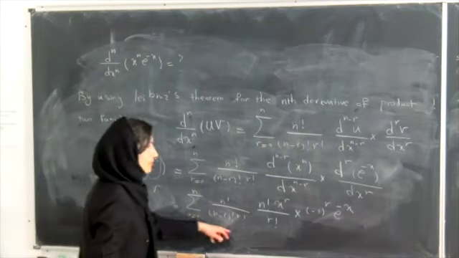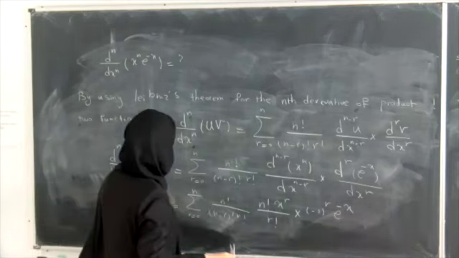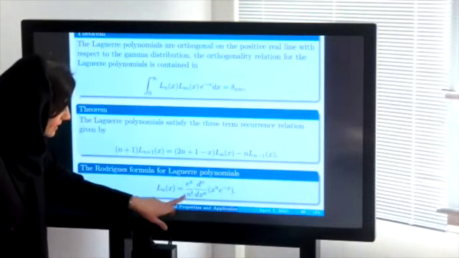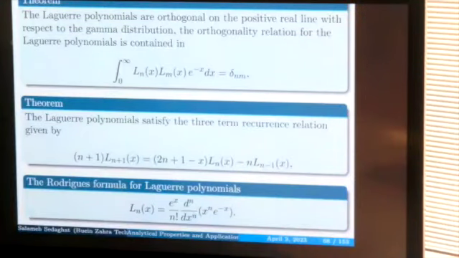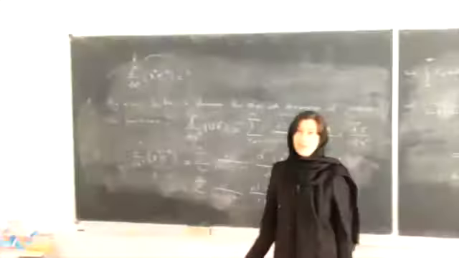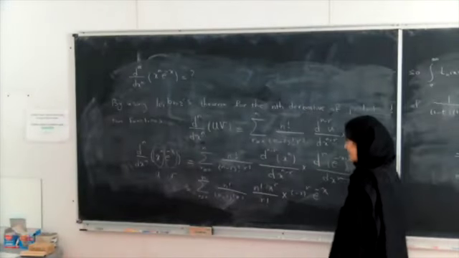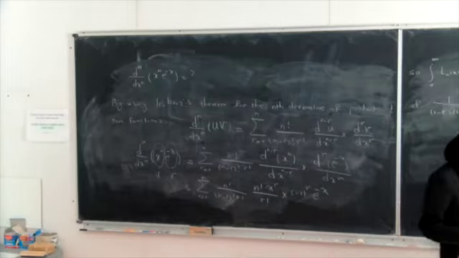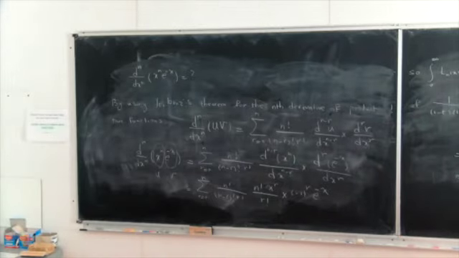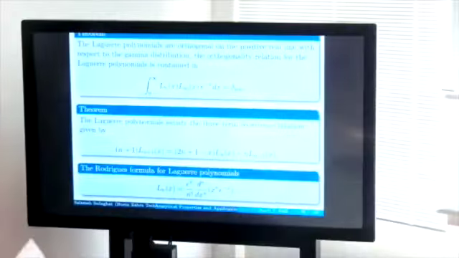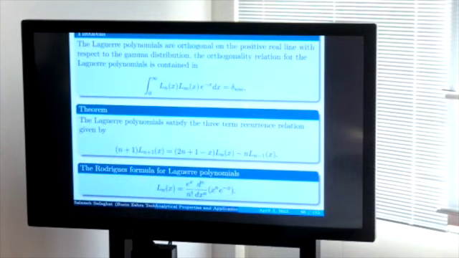So look at this. We have here this summation, and times e to the x divided by n factorial, we can find the series expansion of Laguerre polynomials. So we prove this theorem too, and we obtain the Rodrigues formula of Laguerre polynomials.